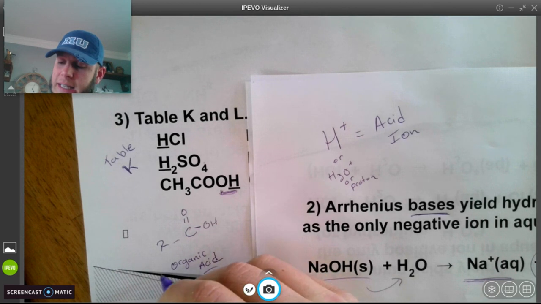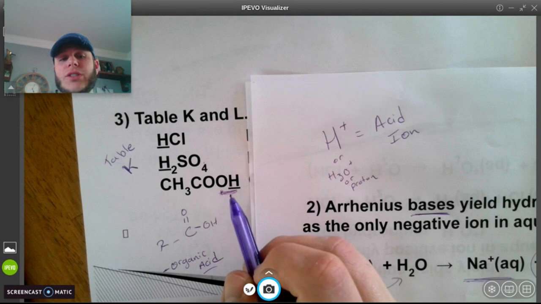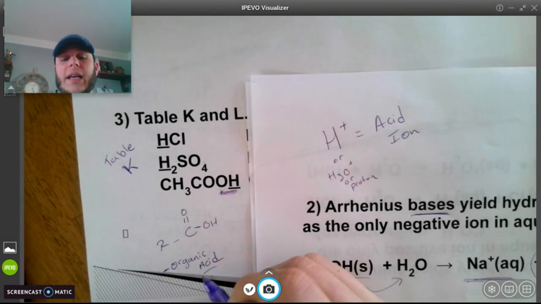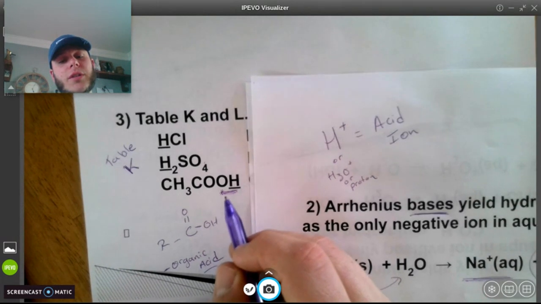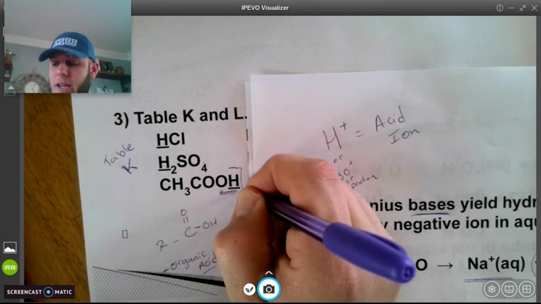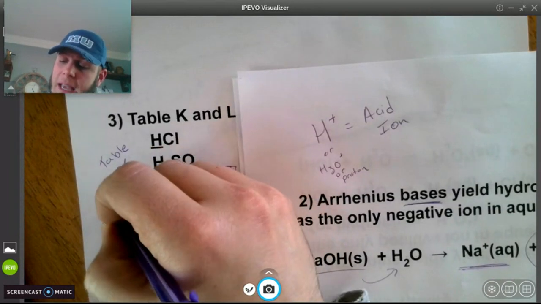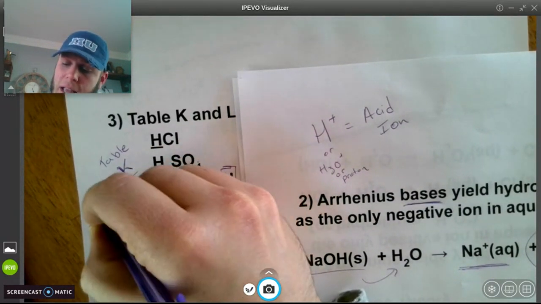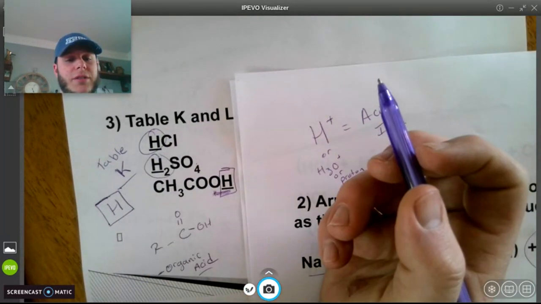I'll explain later in the lessons why, even though there's an OH, it behaves like an acid. It doesn't give off an OH ion, it gives off just an H ion. But I'll go further into that later down the road. The point is, what do you notice about Table K? They all have H, and most of them have just H.